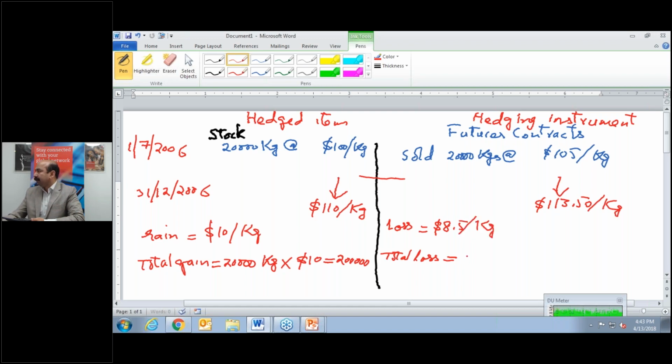So 20,000 kg into $8.5 loss per kg means 170,000 is the loss.